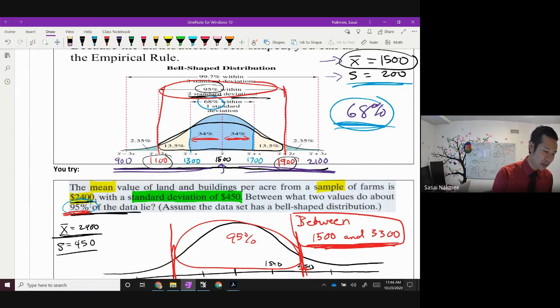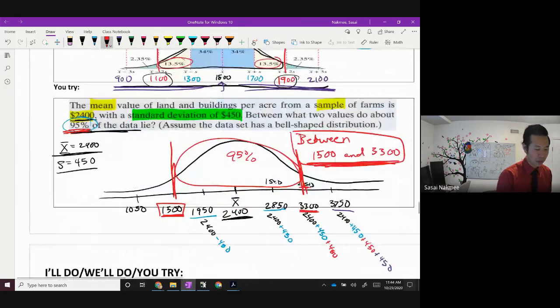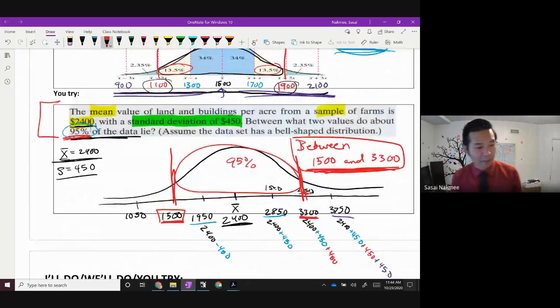So most of the times, when they ask you what is the value that is between, they'll usually ask you for the big numbers of 68%, 95%, or 99.7%. They rarely will ask you for the values that are between to get like 13.5%. That's too tough because there's 2 of them. They won't ever do that. They usually do it for the bigger percentages for these types of problems, just to keep that in mind.